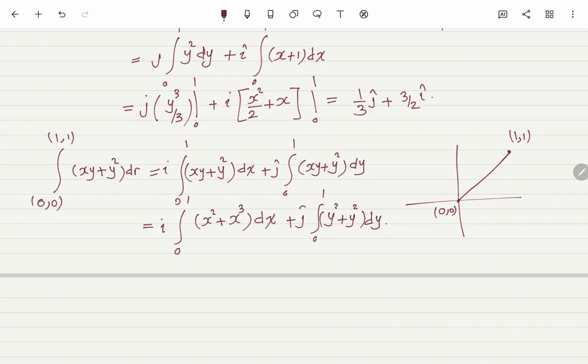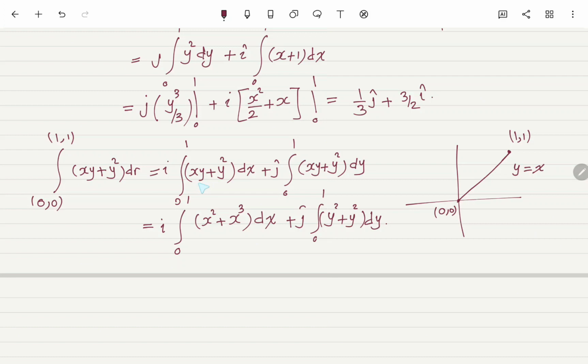Now what we did in this one here, this is a linear equation, and y in this case is equal to x. So if x equal to 0, y is equal to 0. If x equal to 1, y equal to 1. In the first integral, we replaced y by x.